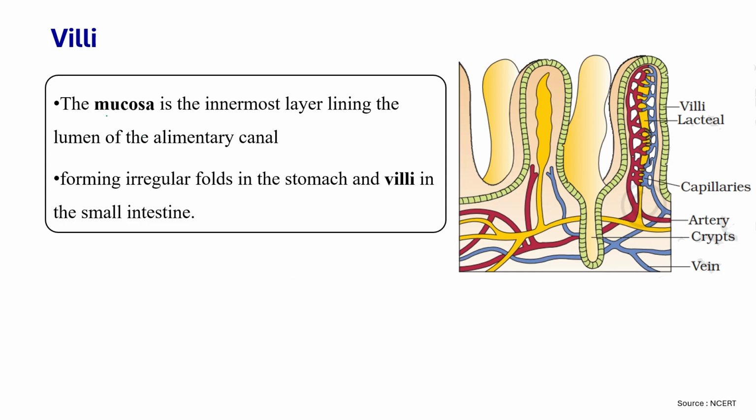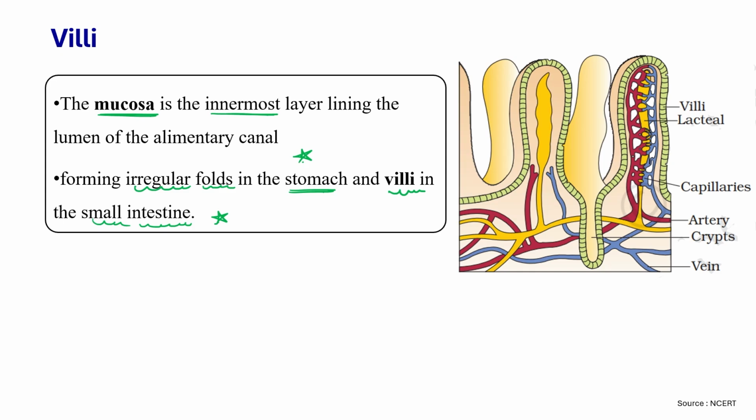As you know, the mucosa is the innermost layer of the alimentary canal, and this mucosa forms irregular folds in the stomach and villi in the small intestine. What is the use of the presence of villi?